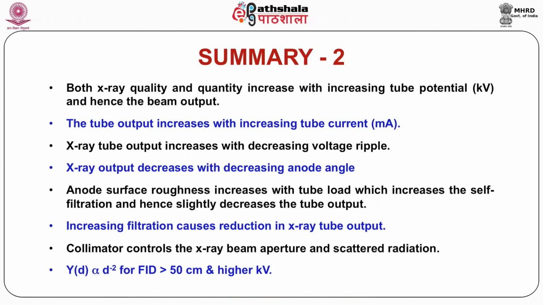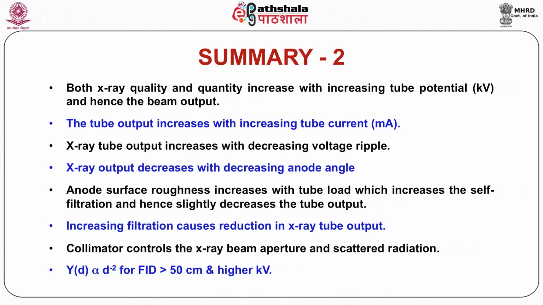Both X-ray quality and quantity increase with increasing tube potential, that is kV, and hence the beam output. The tube output increases with increasing the tube current, that is mA. X-ray tube output increases with decreasing voltage ripple.